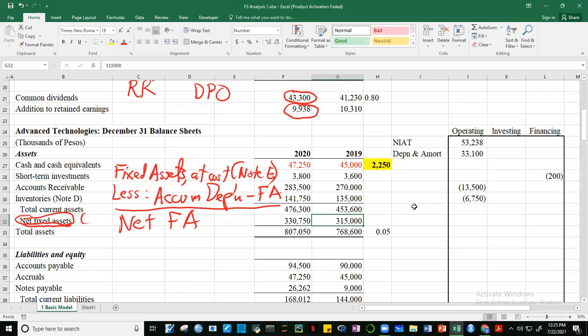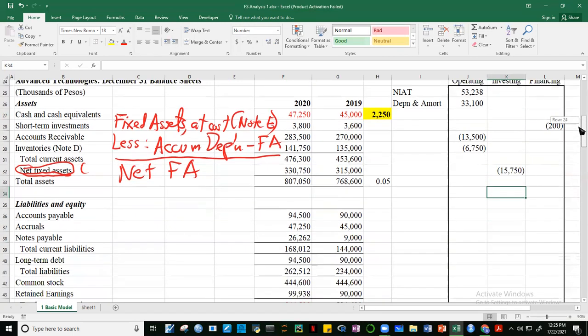Okay? So, it's a use of cash, no? Thank you, Mark. Thank you, Richard. Kasi bumili tayo ng equipment, di ba? From 315 noong 2019, naging 330 siya. Alright, so ilalagay natin sa investing, it's a use of cash, 315, so dapat negative.